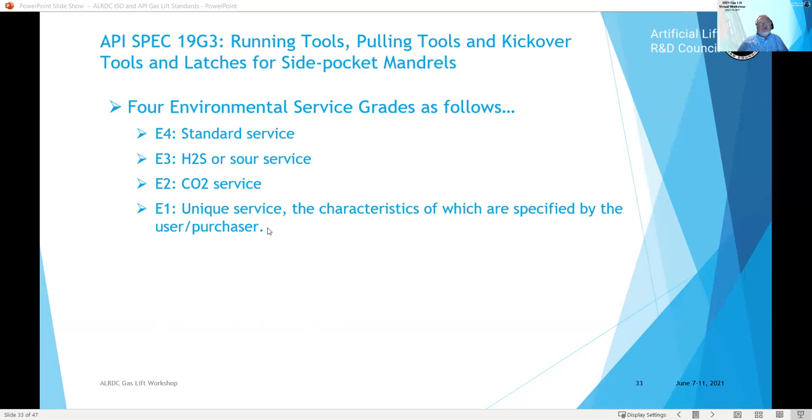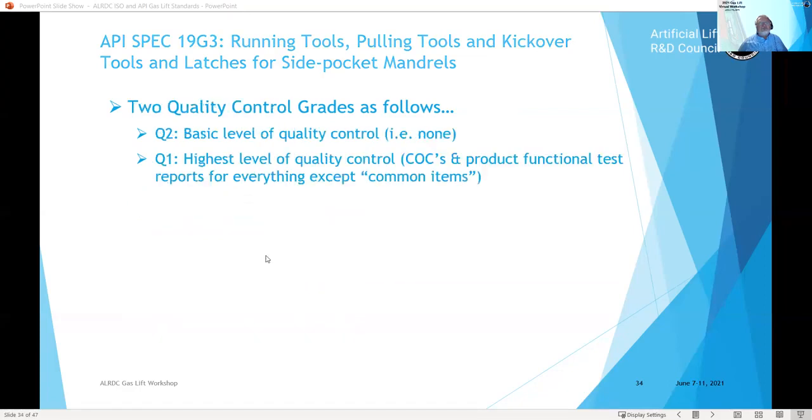We found that it was too cumbersome and didn't work well because, let's say for H2S or sour service, some materials work fine in H2S under certain sets of conditions, and under other sets of conditions, it doesn't work well. The same for CO2 service. So we decided that there were too many variables and we were working to remove this, and this will probably be removed at the next revision level of this document.